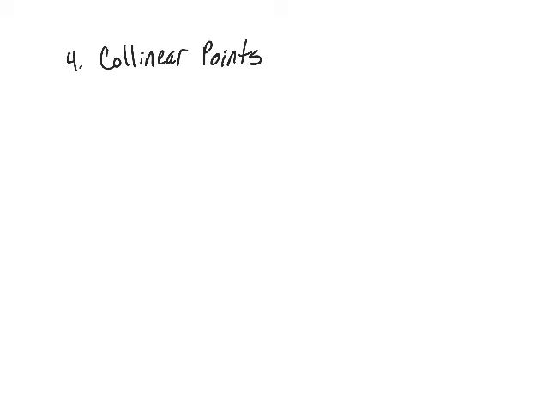Okay, the next are a bunch of definitions, because those are our 3 undefined terms: point, line, and plane. So now we're going to go through some basic definitions. Collinear points are points that lie on the same line. Any 2 points define a line, so any 2 points in the world will always be collinear.